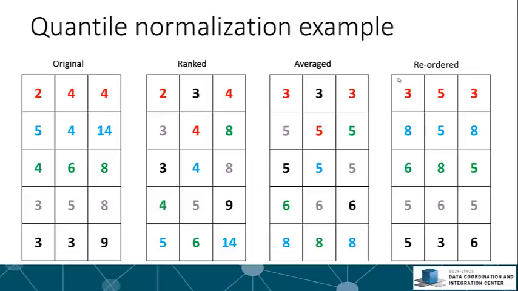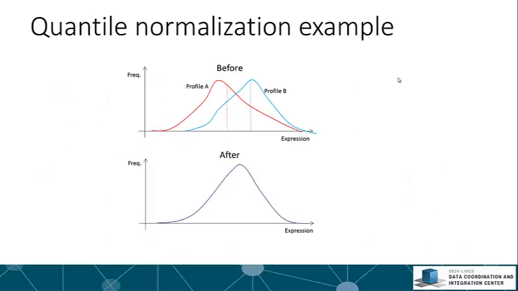Now it's not immediately obvious here from these numbers, but what effectively we've done in terms of the distribution of values is we have taken the distribution of expression intensities from each sample, and we've forced them all to have exactly the same distribution in the course of this process.